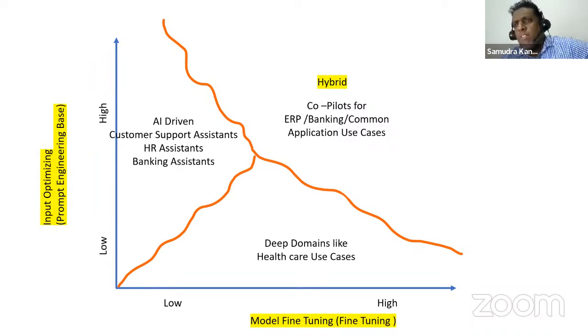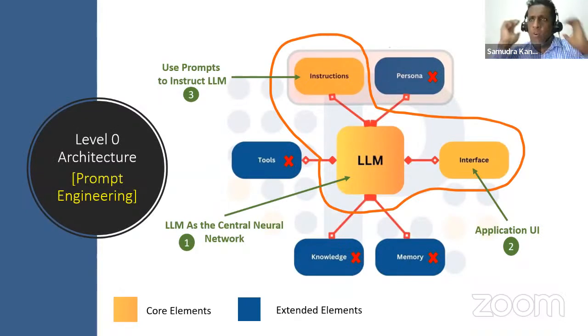That requires a combination of prompt engineering and a little bit of fine tuning. So these cases are becoming more common nowadays, and with the cost of these AI models, they are becoming very common.